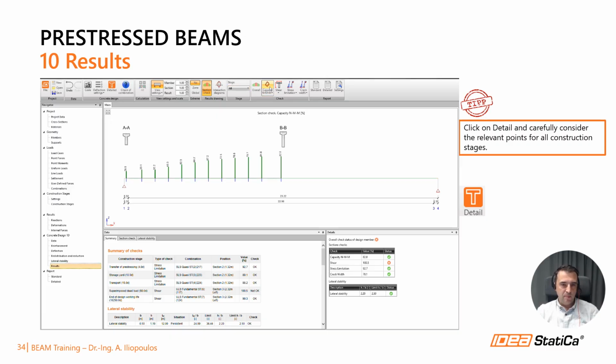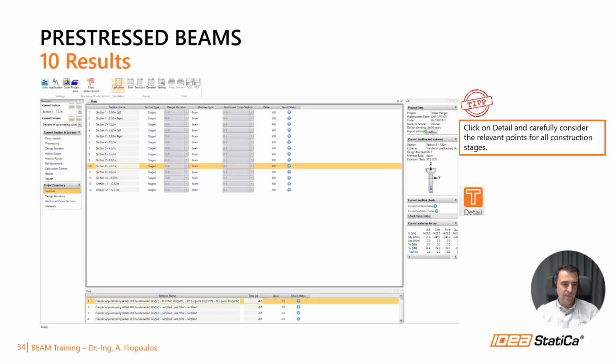There are many checks, the capacity in combination, then we can see here the shear check where we can display all the values, and then the stress limitation check again for concrete, tendons, reinforcement, and here we can find the crack width check.